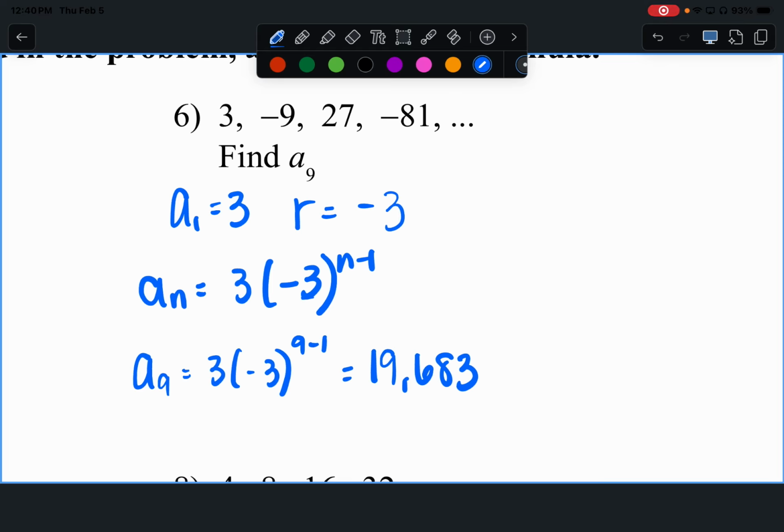Okay, for number 7, what is our first term? What was the first term? 2. Okay, it just sounded like someone said 6, and I was like, nah. Okay, go ahead. Okay, what is the common ratio? Okay, so write your equation and set it up and find the, what term are you looking for?